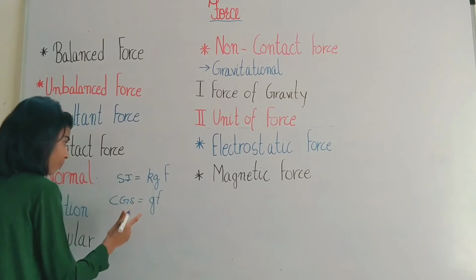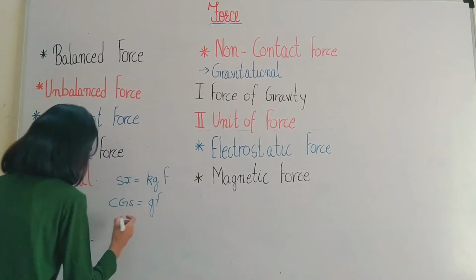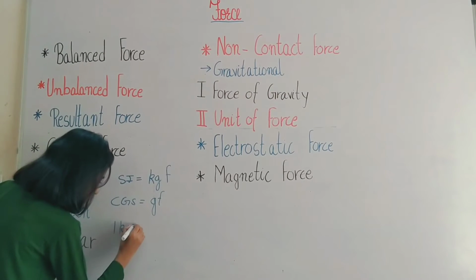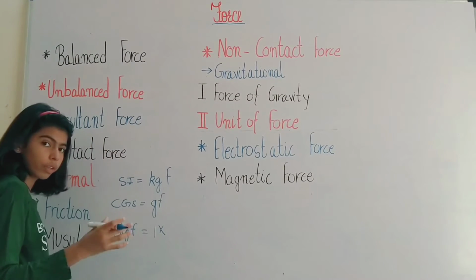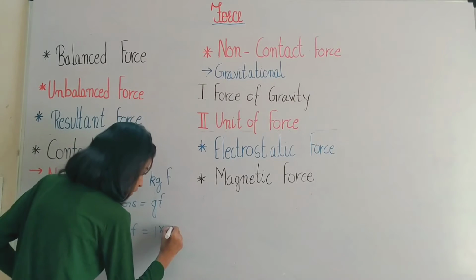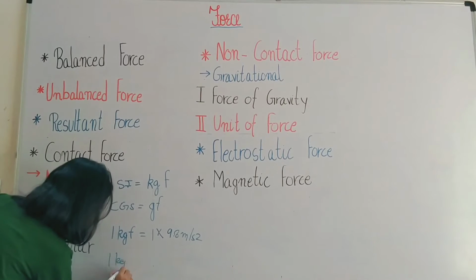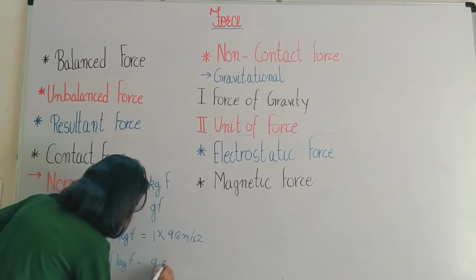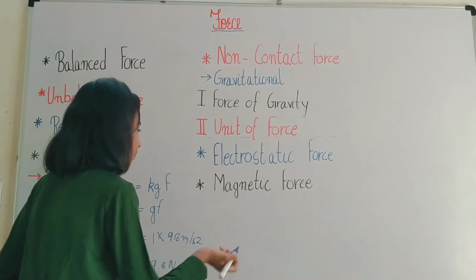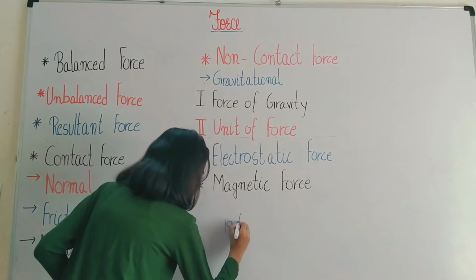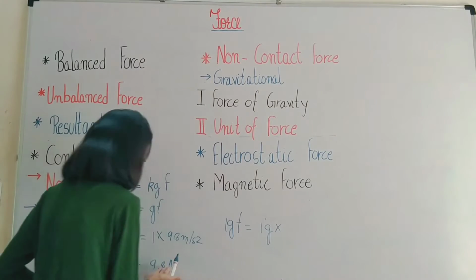So if 1 kg force is acting on 1 kg of mass, an object of 1 kg, and the acceleration due to gravity is 9.8 meter per second square, so 1 kilogram force is equal to 9.8 Newton. Similarly, in the gram force, 1 gram force is acting on 1 gram of an object into 9.8 meter per second square.